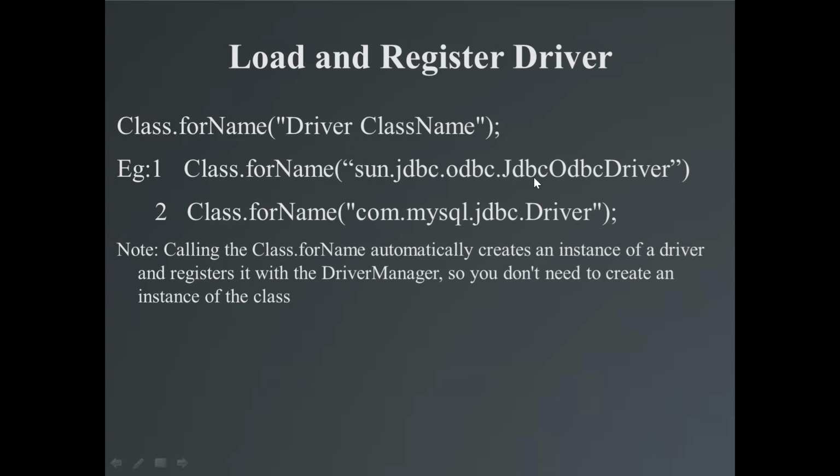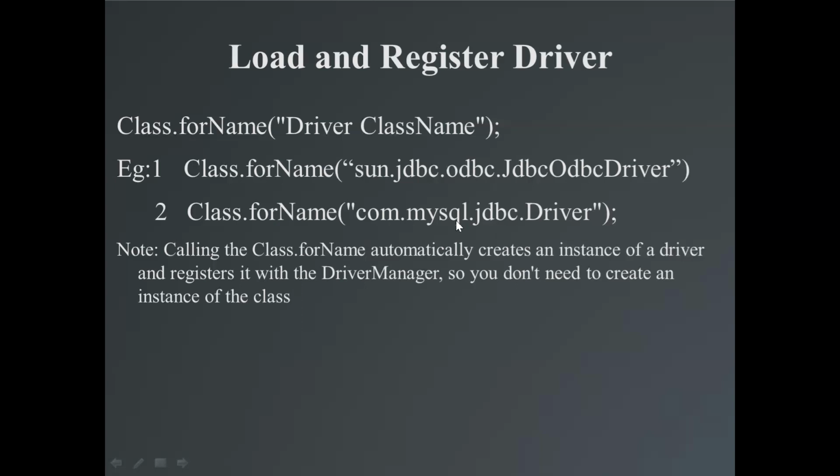For example, if you are using an ODBC driver, you can give the class name like this: sun.jdbc.odbc.JdbcOdbcDriver. If you are going to use MySQL, in that case you can give com.mysql.jdbc.Driver.